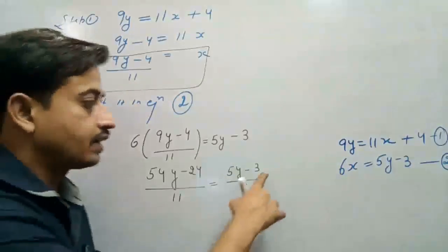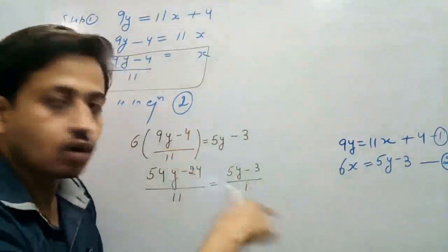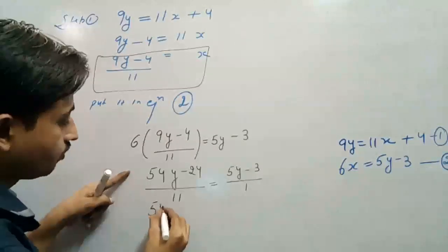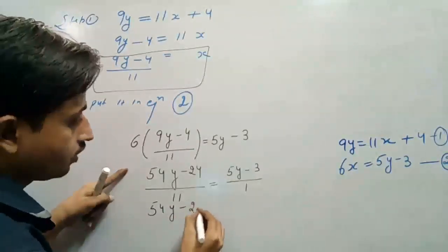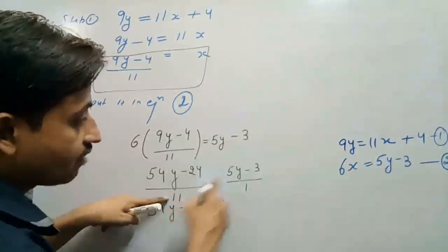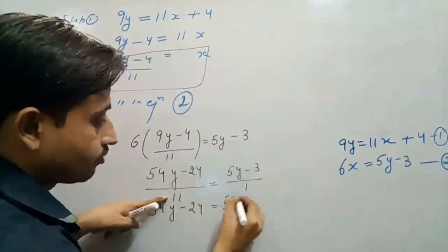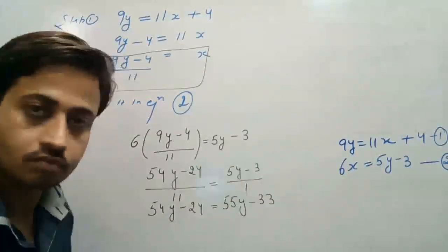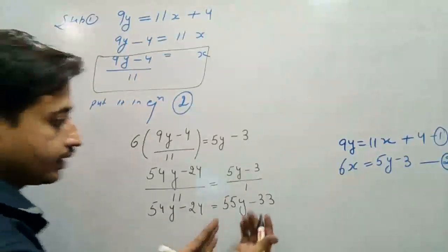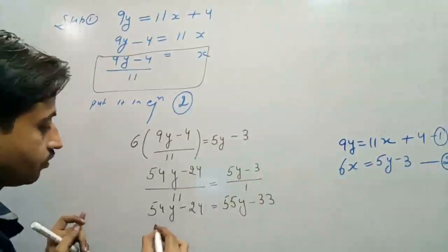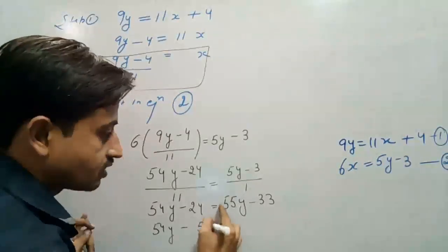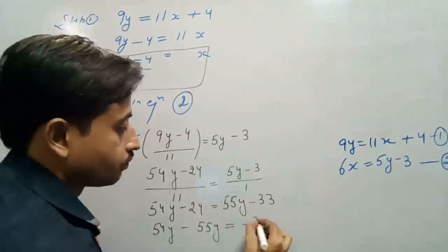I am making it a rational form. So do cross multiply. If we multiply it with 1, we will get 54y minus 24. To multiply, 11 into 5, 55y, 11 into 3, 33. Now take 55y to the left hand side, 54y minus 55y, because the sign of 55 is positive.